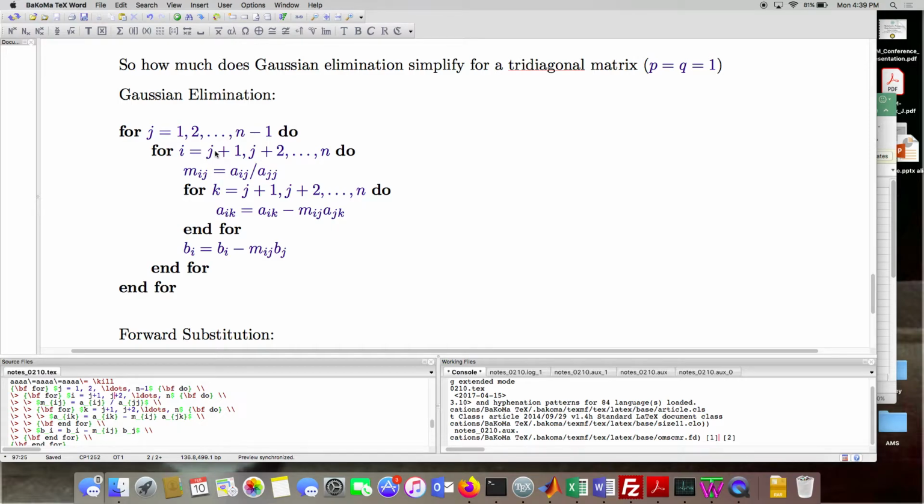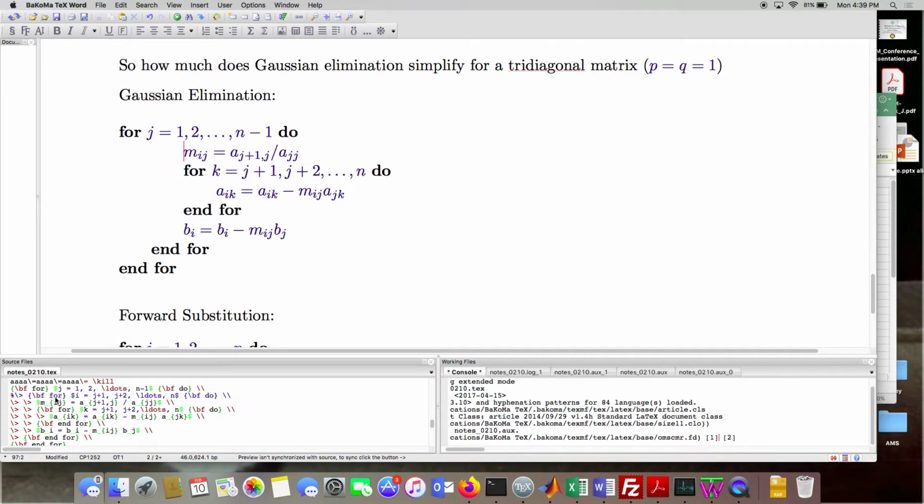So I will only be equal to J plus 1. In here, I'll set I equal to J plus 1. Also, I don't need the loop anymore, so this second loop, I'm just going to comment that out.